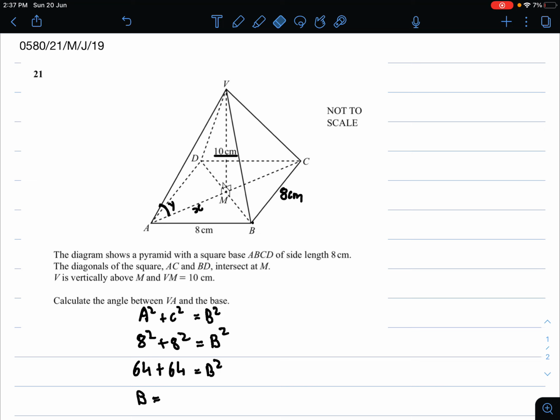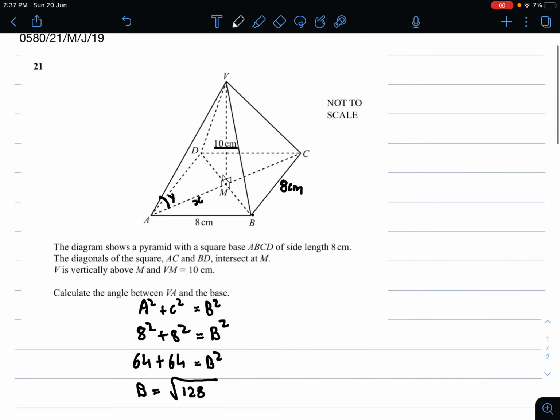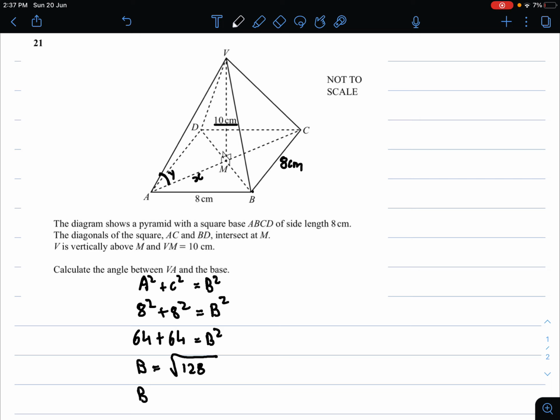So 64 plus 64 is 128, so root of 128. When you put root of 128 in your scientific calculator, it will give you a simplified form as 8 root 2.